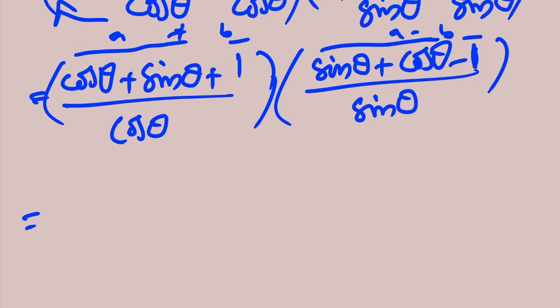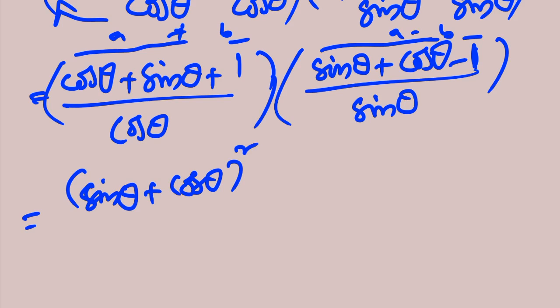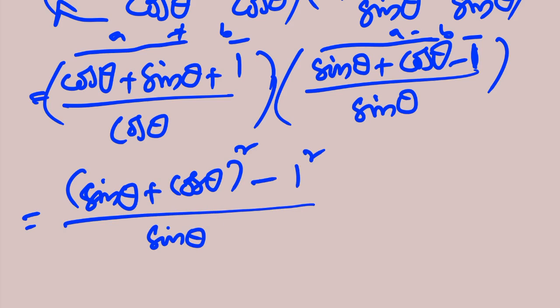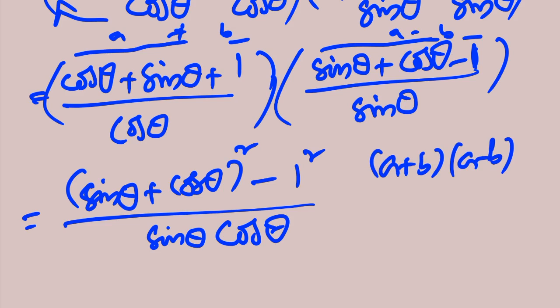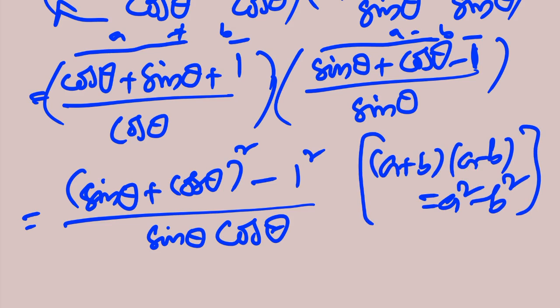If we write in that form, then I'll get sin theta plus cos theta the whole square, that is A square, minus B square, which is 1 square. Then if I multiply these two denominators, sin theta into cos theta. Here I have used this identity, A plus B into A minus B is equal to A square minus B square, and based on that we can write like this.